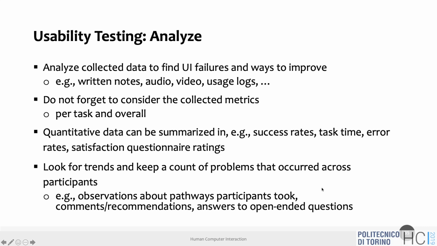Maybe you expect that from point A they reach point B immediately, but they click on point A and then on point C and then on point F, and finally they reach point B. If all 5 participants do this, probably there is something problematic in your application.